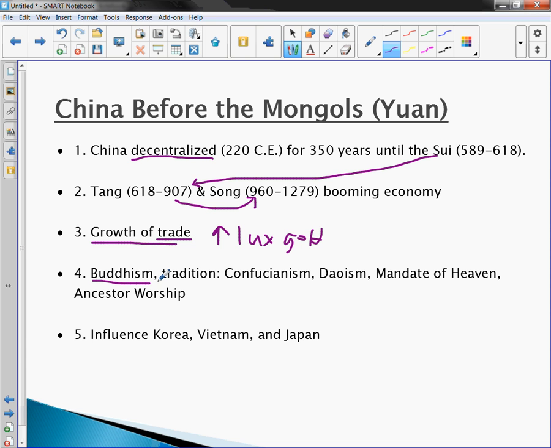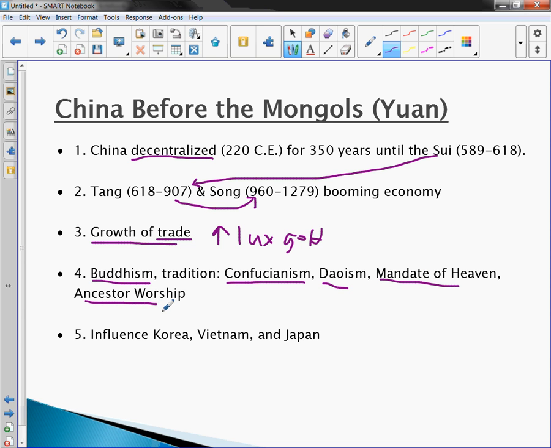Buddhism had a good and bad relationship with tradition in China, especially early on in the Tang court. They did not like Buddhism because they were Confucian and saw that as the way to order the world. They still maintained their beliefs in Taoism, the mandate of heaven, and ancestor worship.